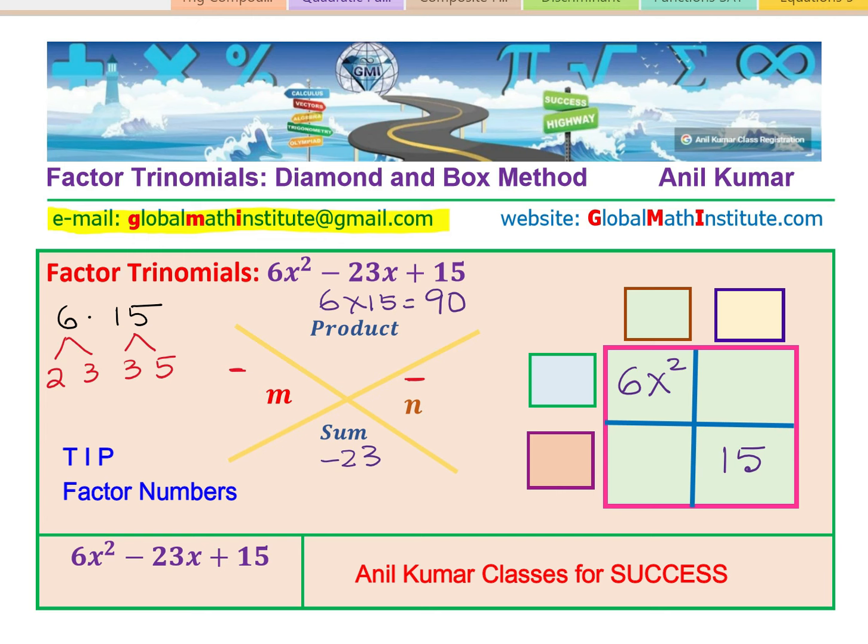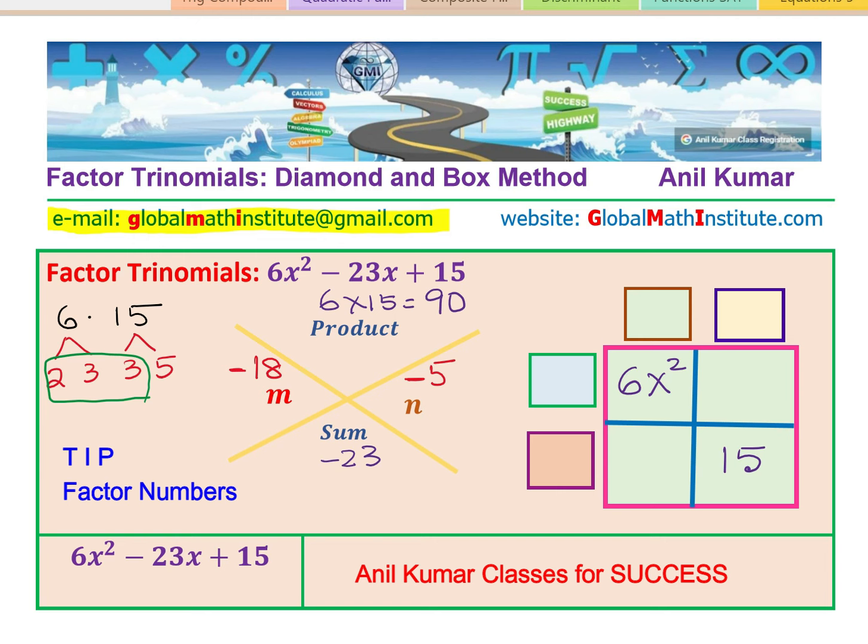Now it's very clear. If I group them like this, 2 times 3 is 6, 6 times 3 is 18. 18 plus 5 gives me 23. Since I need negative numbers, I need negative 23, right? So minus 18 and minus 5 is the right combination.